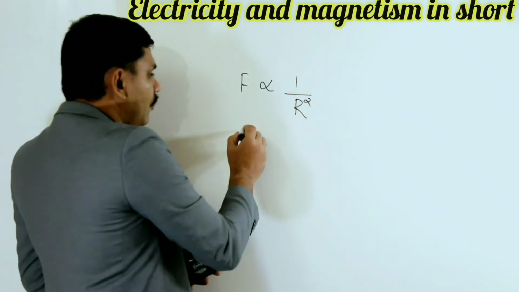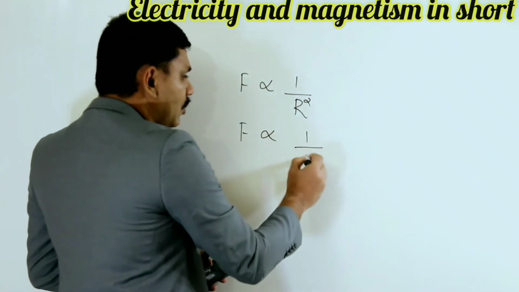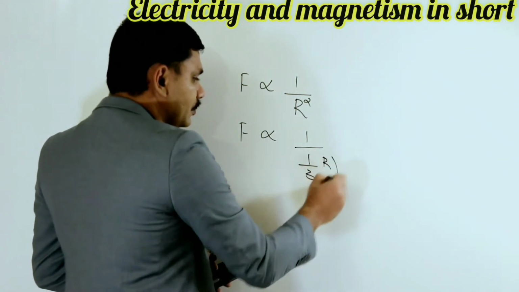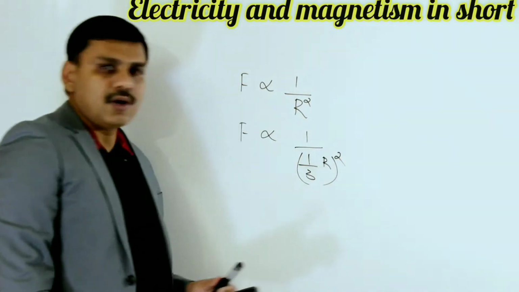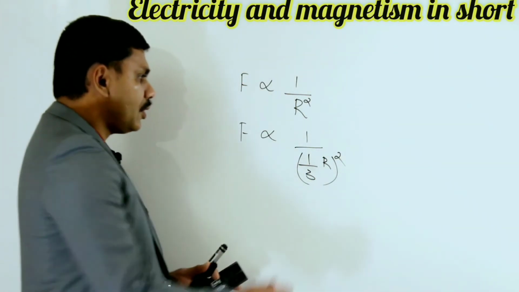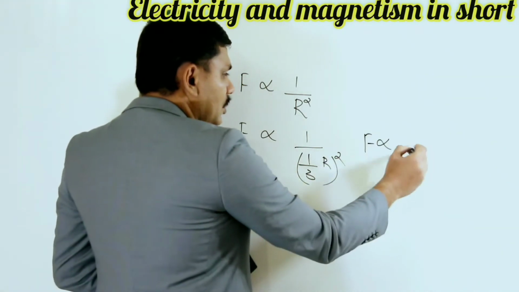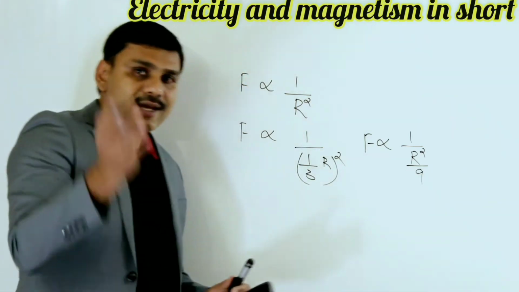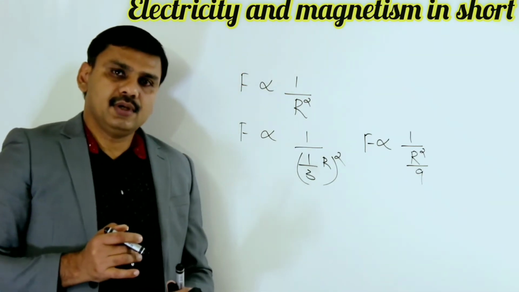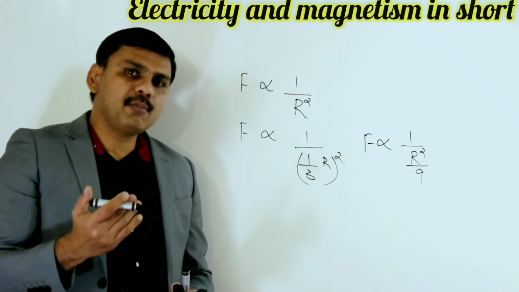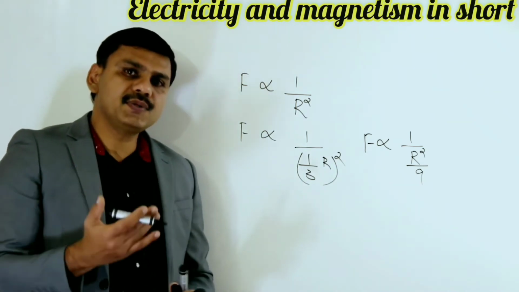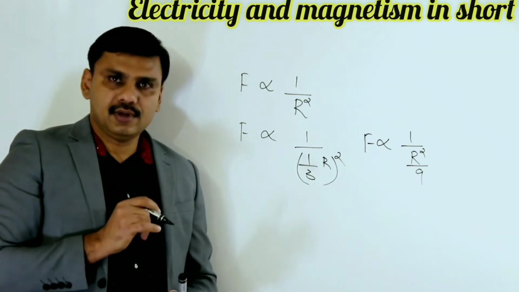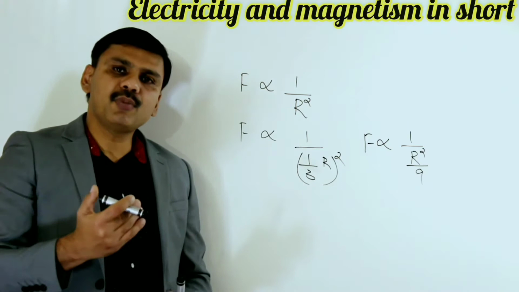For example, F is directly proportional to 1 divided by (r/3) the whole square, so it becomes F proportional to 1 divided by r²/9. This 9 comes as numerator. So the new number multiplying the force is 9, and the force will be increased by 9 times.